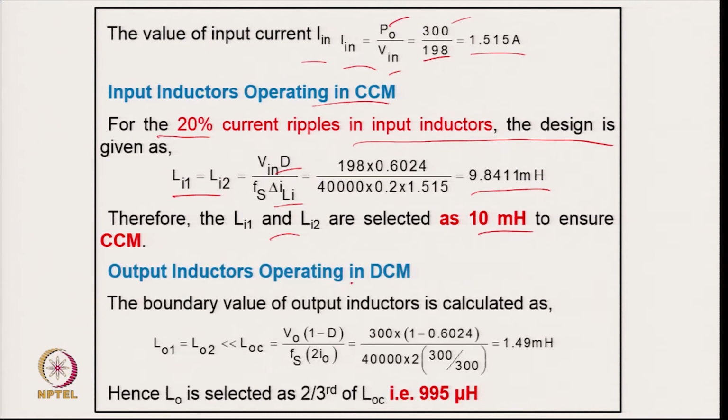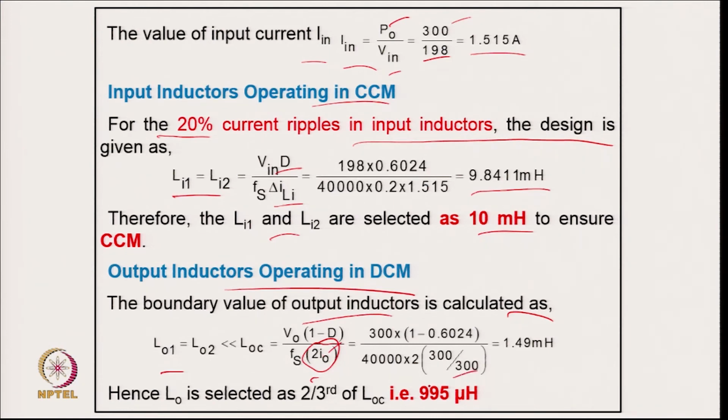Now, coming to the output inductor, calculating it for discontinuous mode, we calculate from the relation for the boundary condition. The inductor currents are the same as the output load current, because both averages are the same. So, we put twice of this, because the current goes from 0 to twice the value at the boundary condition.